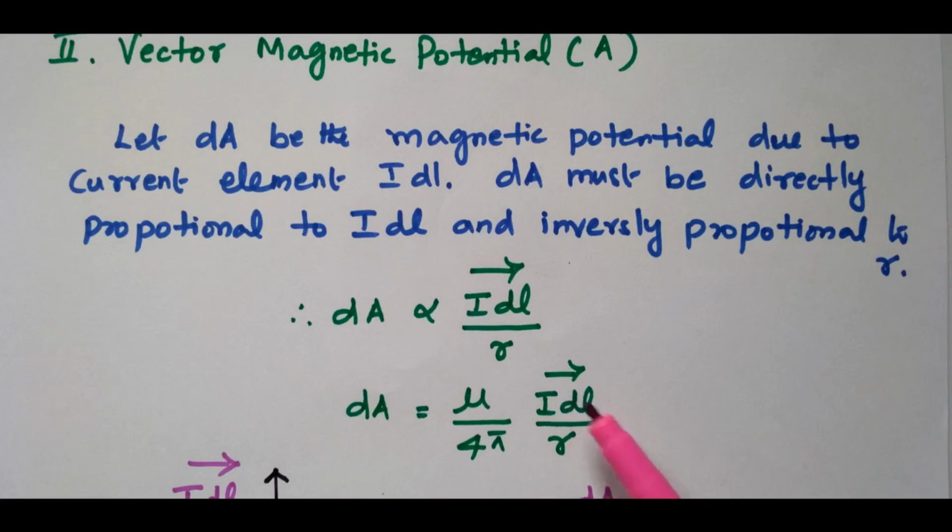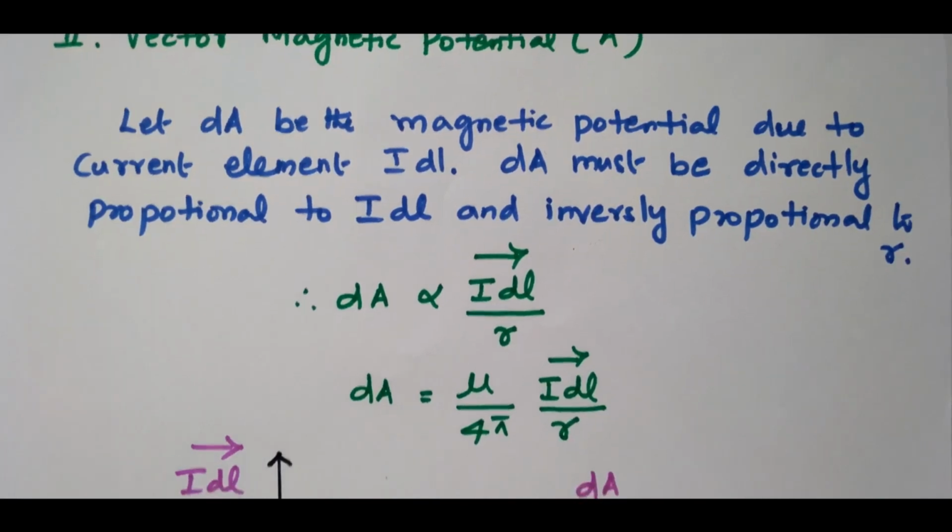The dA can be expressed as mu by 4 pi I dl by r. This dA is the vector magnetic potential only due to the small element I dl. By integrating on both sides, we will get the total vector magnetic potential.